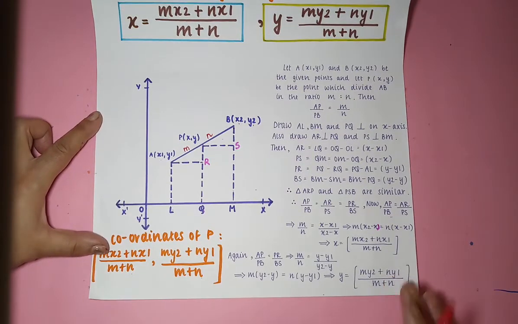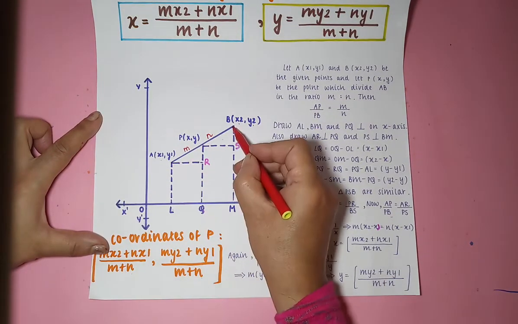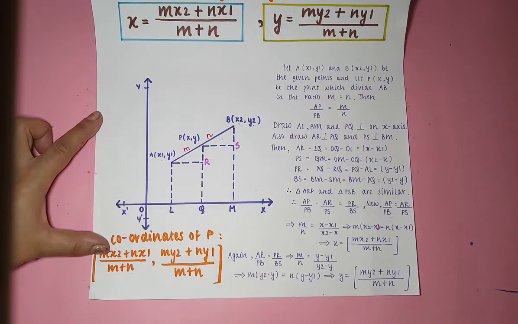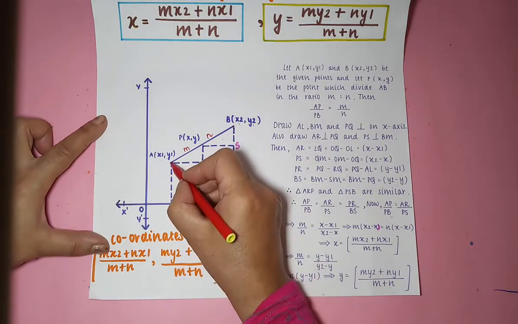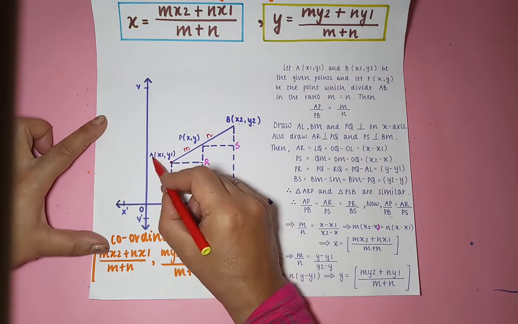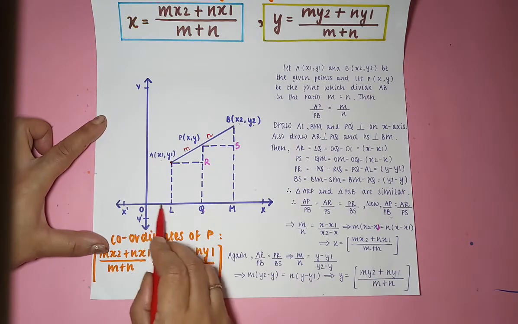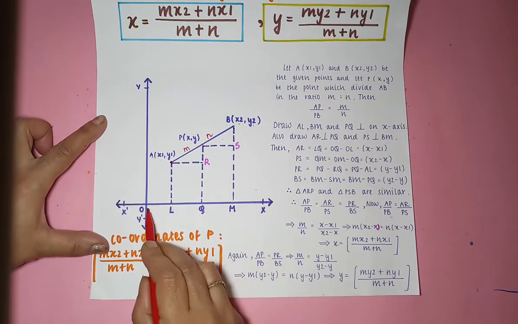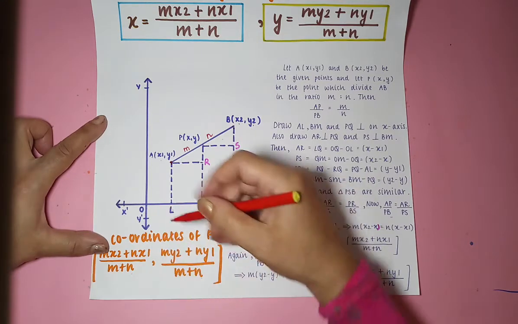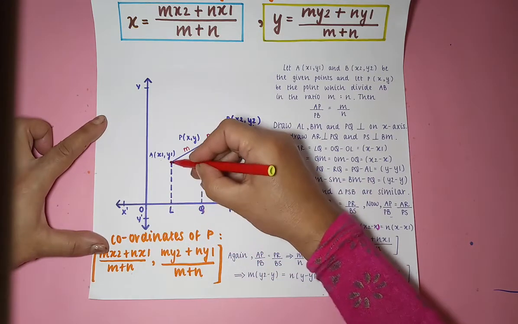Every point that we have on a plane has two dimensions, so it is associated with an x coordinate as well as a y coordinate. If you want to determine the position of point A here, it will have covered some distance along the x-axis and some distance along the y-axis.